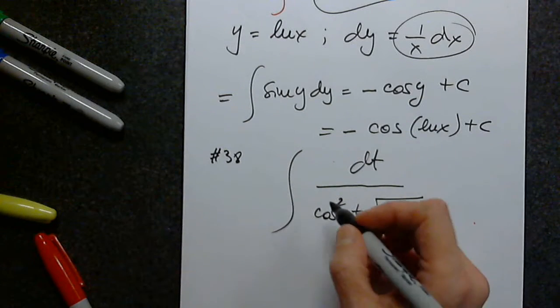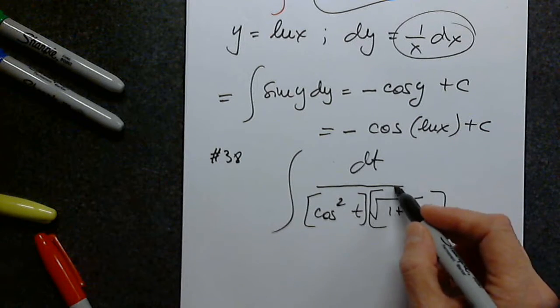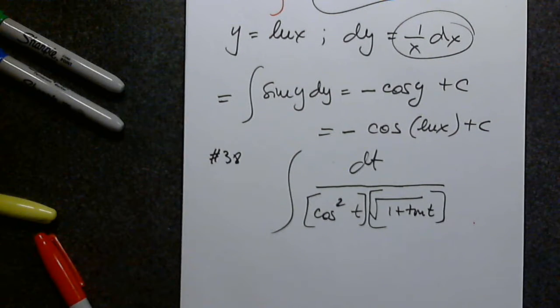Okay, so these are two different things. Be careful. It's kind of confusing a little bit. It's cosine squared t times the square root of 1 plus tangent t.